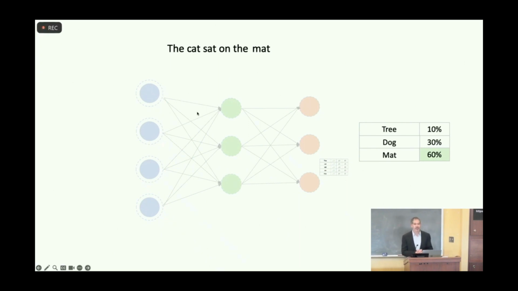You can think of it like a series of committees. Imagine the lowest level committee says, oh, the cat sat on the what? And then a bunch of people in the committee vote. One person says banana, and another says donut. And then someone says, well, I'm kind of the expert in this area, I think it's Matt. And the others say, no, be quiet, you don't know what you're talking about, it's banana.